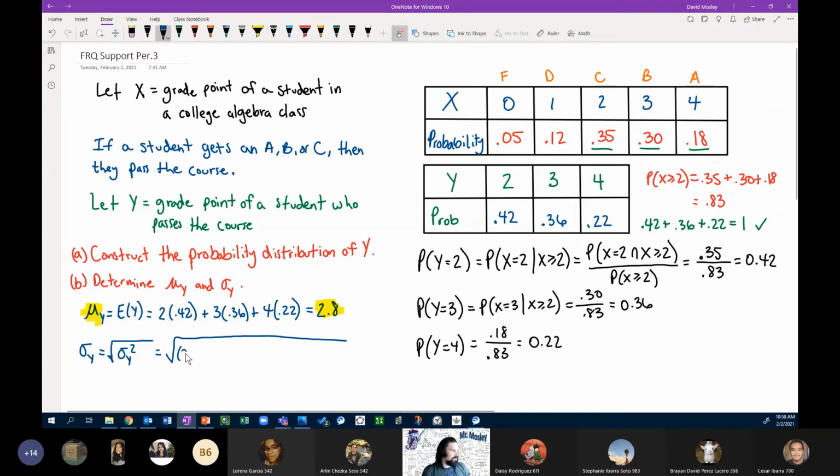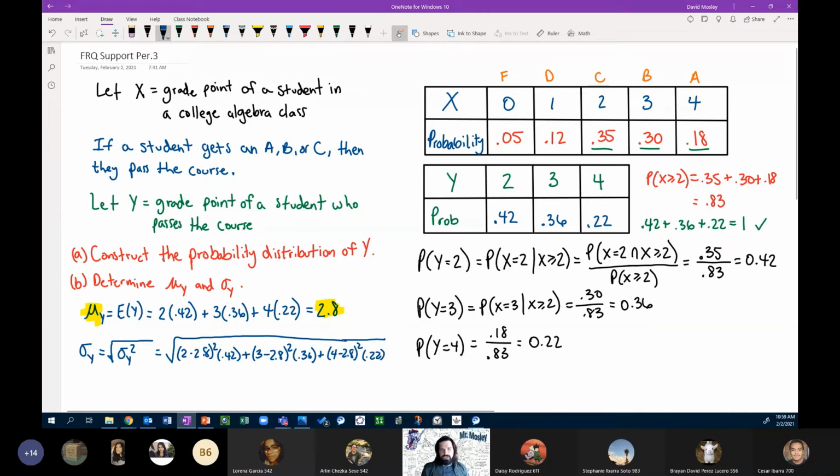In this case, you'll have the outcome minus the mean squared times the probability of that outcome, plus the second outcome minus the mean squared times the probability of that outcome, plus 4 minus 2.8 squared times 0.22.